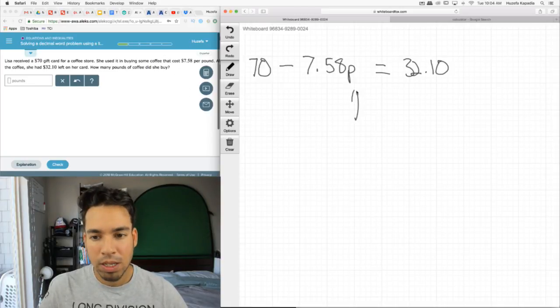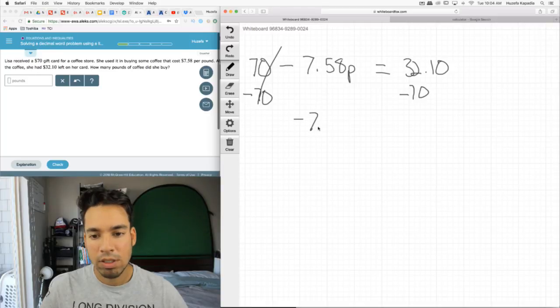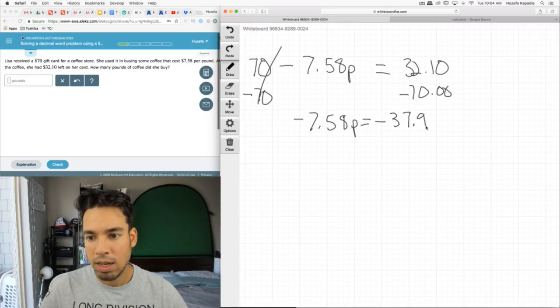How many pounds P of coffee did she buy? Let's solve for P. So I'm going to subtract 70 from both sides. And I've got negative 7.58 P equals, this becomes negative 37.90. Okay, negative 37.90.